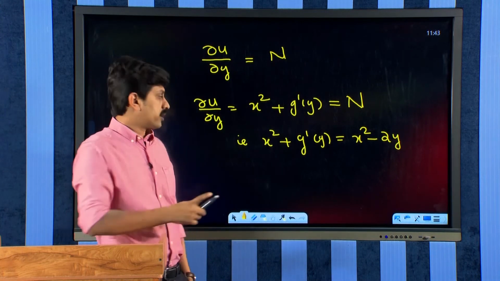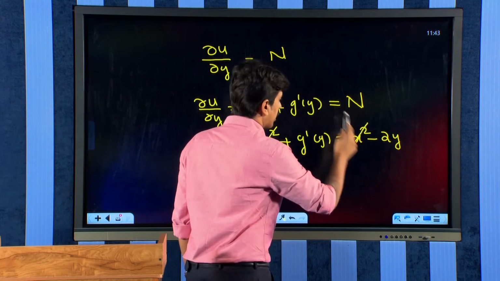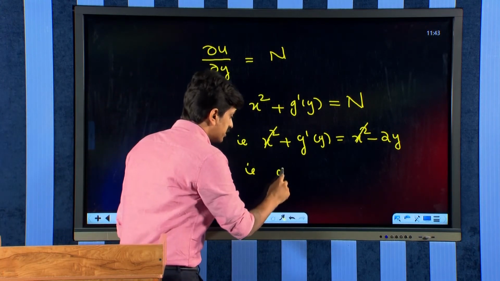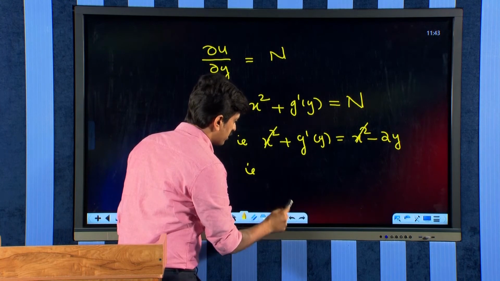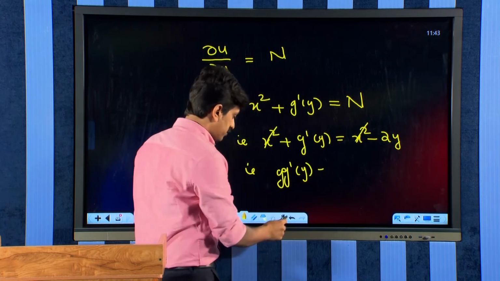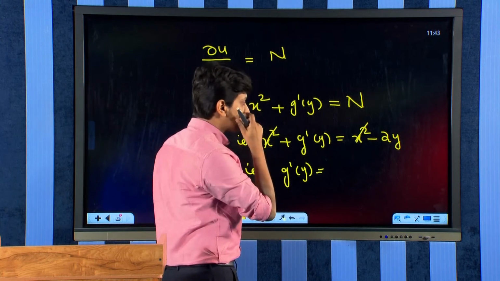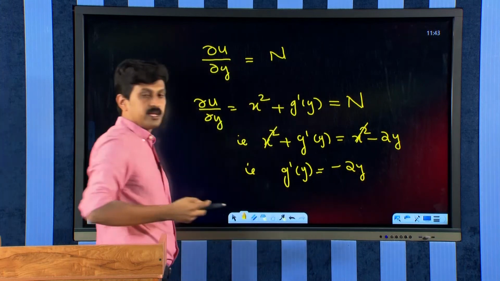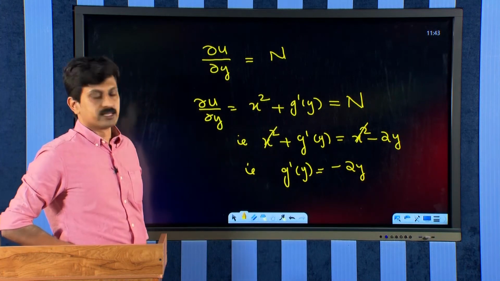So, from there we can cancel x square and x square. Finally, we have g dash of y equal to minus 2y.